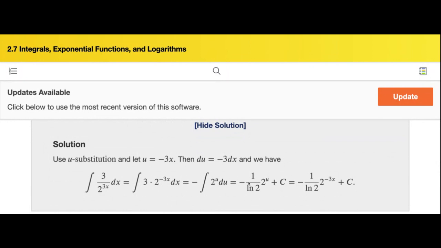With the negative sign, negative 1 over ln 2, 2 raised to u plus a constant term. And u is negative 3x, so we get negative 1 over ln 2, 2 raised to negative 3x plus c. Well, we should write 2 raised to negative 3x in the denominator. So negative 1 over ln 2 times 1 over 2 raised to 3x.